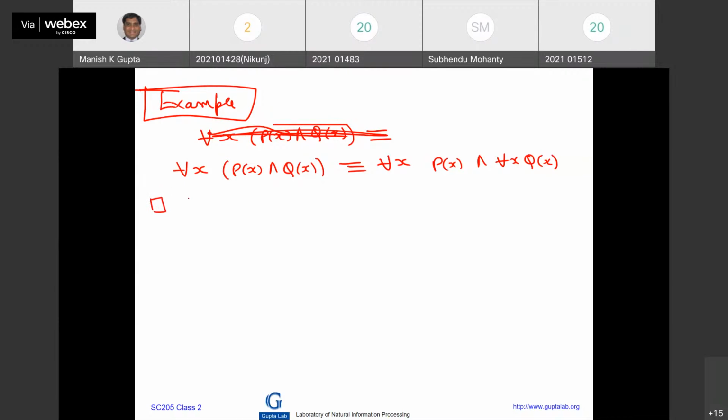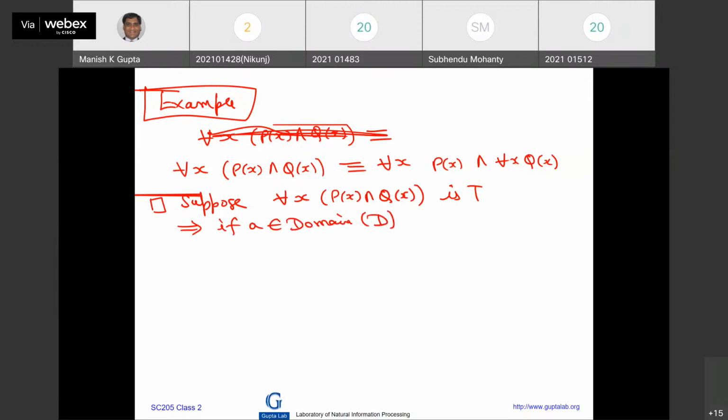Suppose for every x, P(x) meet Q(x) is true. This implies that if a is in some domain, I am not worrying about which domain, I can call it D if you want, P(a) meet Q(a) is true.